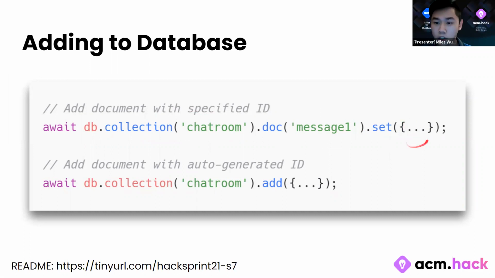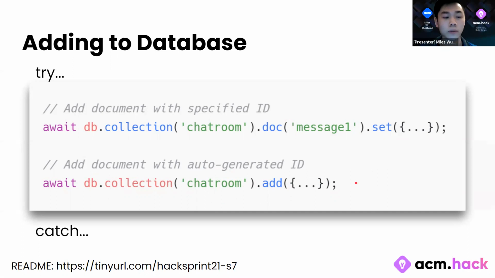Then we just pass a JavaScript object, and that directly corresponds to what the document ends up looking like. The same kind of thing is happening here, but this one is for auto-generated IDs. So instead of doing .set and specifying the name of your document, you just do .add after the collection reference. And again, you just pass a JavaScript object for what you want the data to look like in your document.